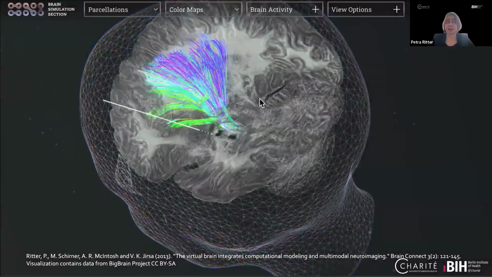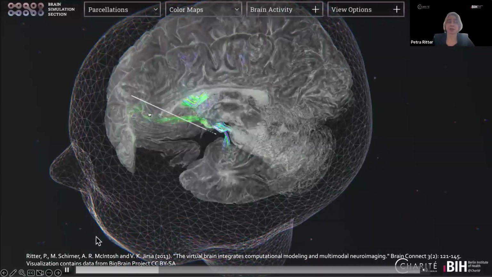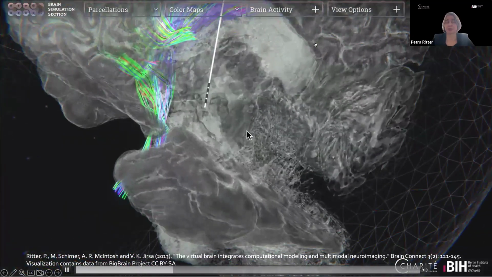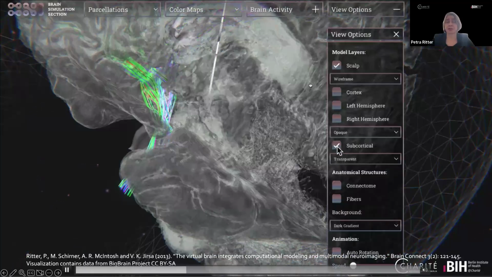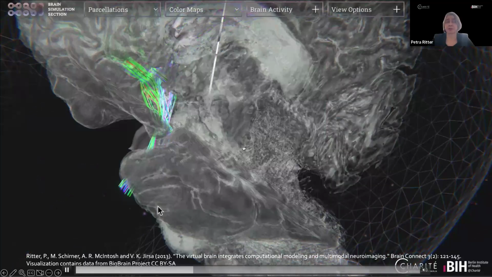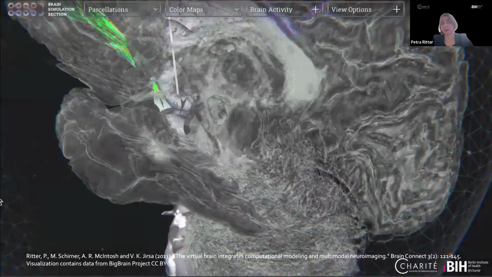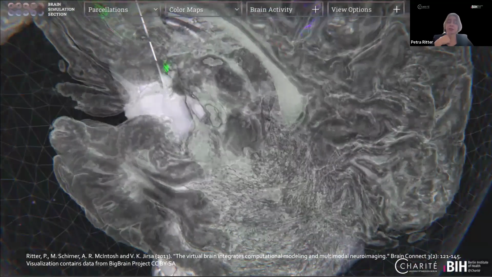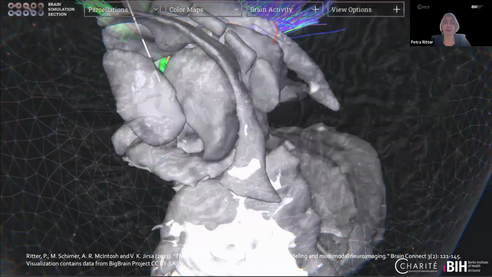What you see here is another application that we are developing in Berlin, where we have an electrode inserted in the brain digital twin. And this is a multi-scale twin where we have not only the information from the individual patient coming from non-invasive magnetic resonance imaging and maybe intracortical recordings, but on top, we have integrated the information coming from post-mortem digital atlases with a cellular and even subcellular resolution.